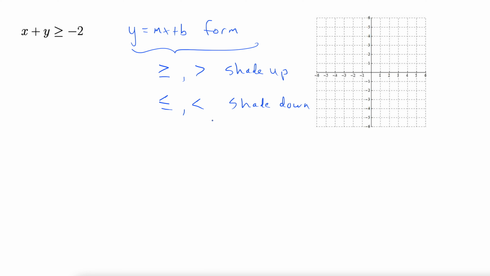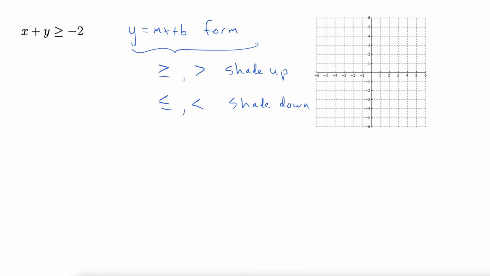Otherwise you get to use test points to test the regions, and that's a really interesting technique. It just always seems like extra work to me, using all these test points when you can just shade up or down based on the inequality.